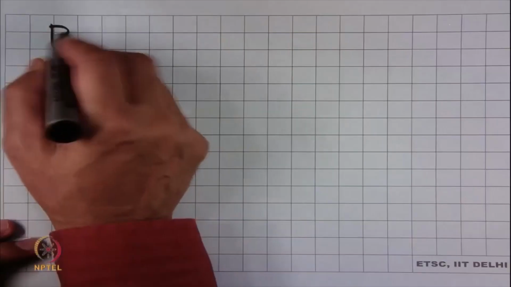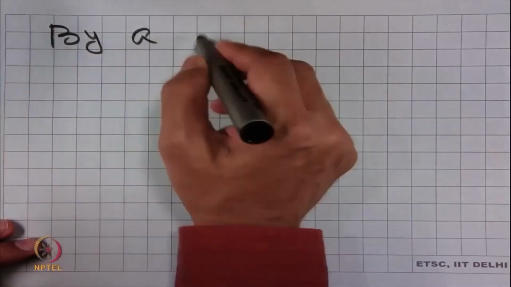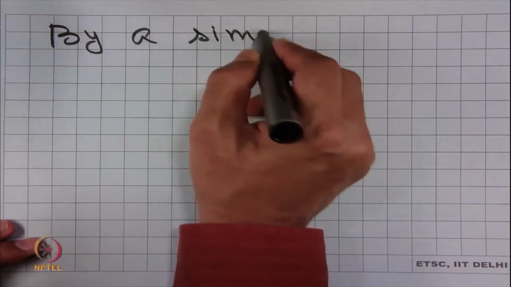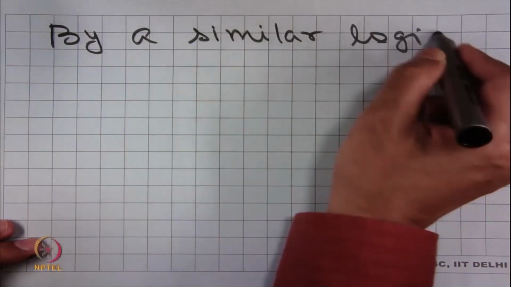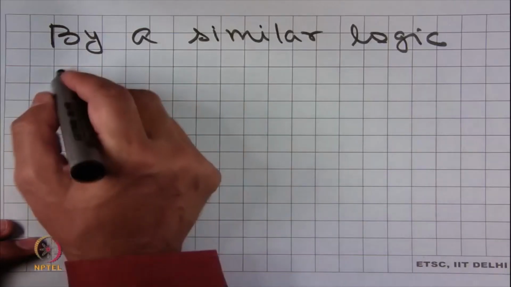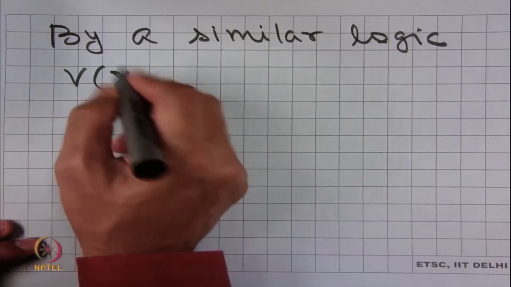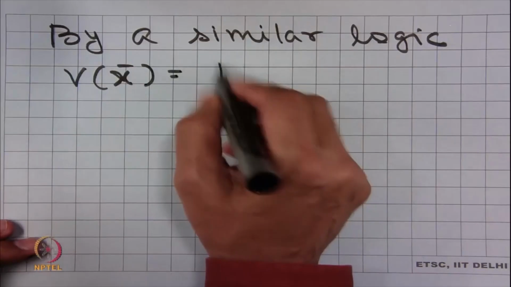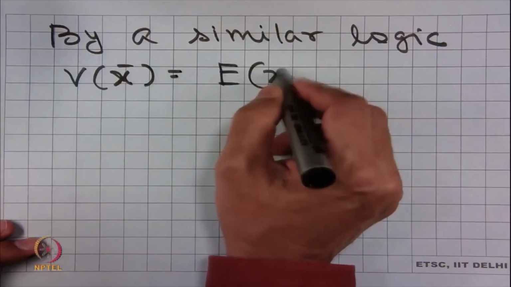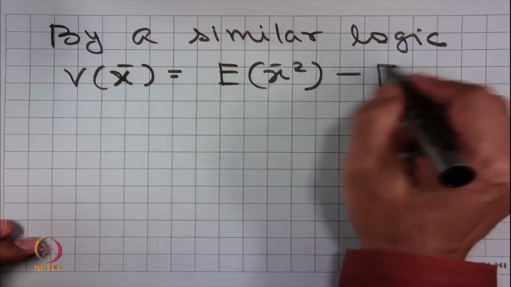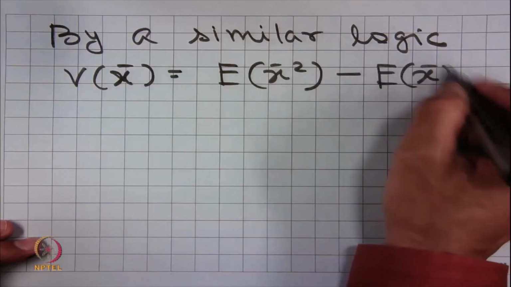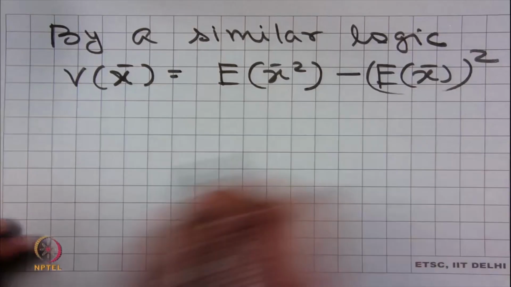By a similar logic, variance of x bar is equal to expected value of x bar square minus expected value of x bar whole square.